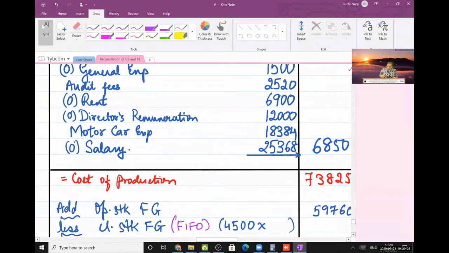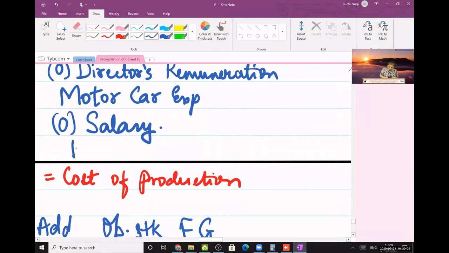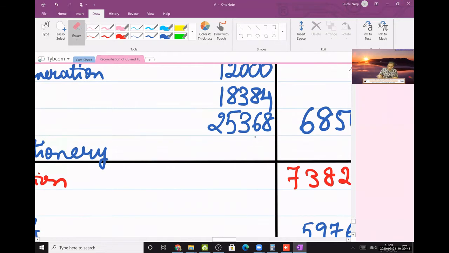So one line also I had left. Writing it here. Printing and stationery 720. This will change, so my answer will also change.